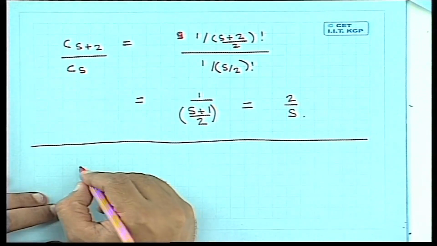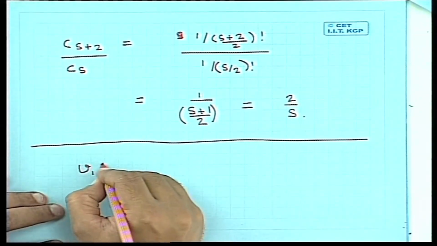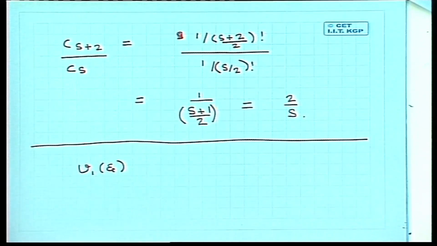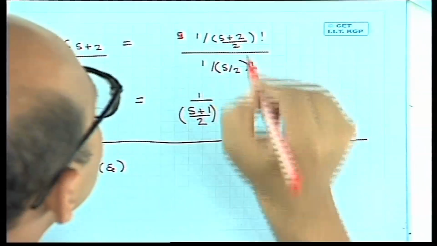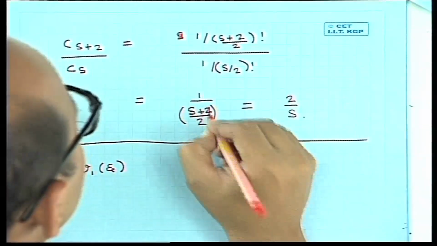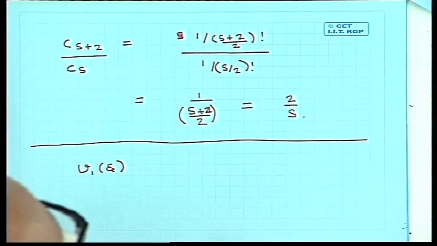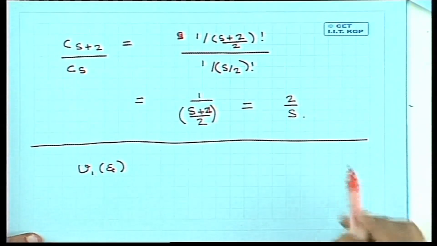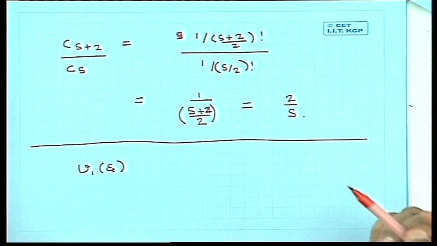So we are led to the conclusion that, for the V1 series, the ratio is (s plus 2) by 2, which for large s is just s by 2.